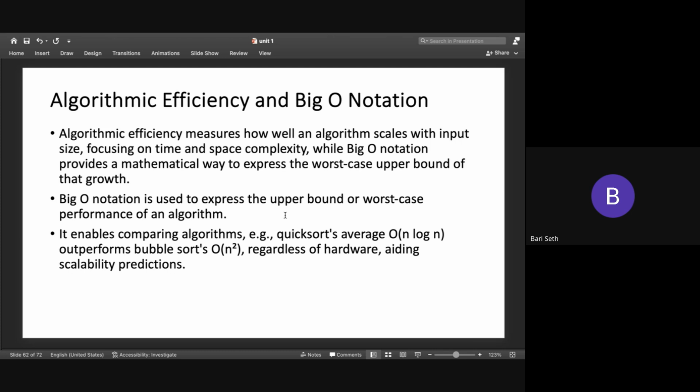No, this course does not look at the mathematical side. This course looks at how to program. It doesn't look at calculating algorithm efficiency. Okay, so we will not do calculations.